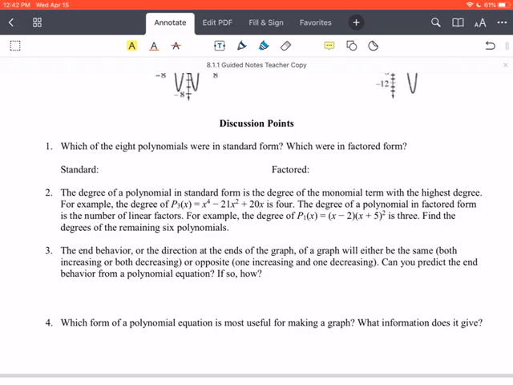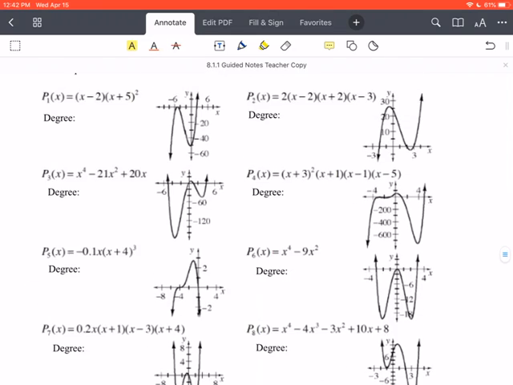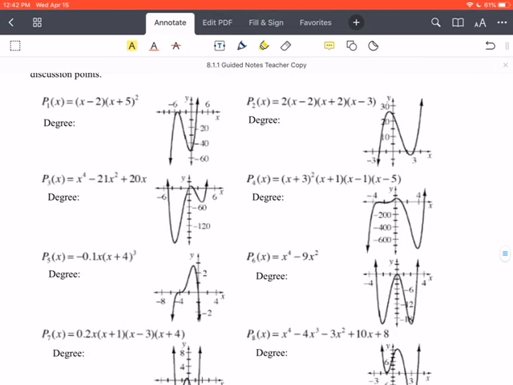So the first question says, I'm going to do this question in yellow, which of the 8 polynomials are in standard form? And then it says which are in factored form. So remember, standard form, we are looking for terms linked together with plus and minus signs. So if I go up to my polynomials, I can see all 8 equations.